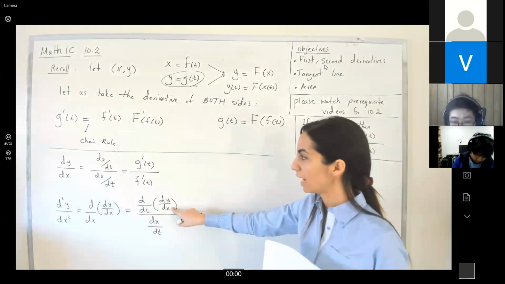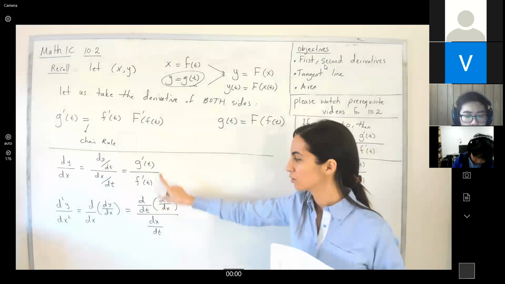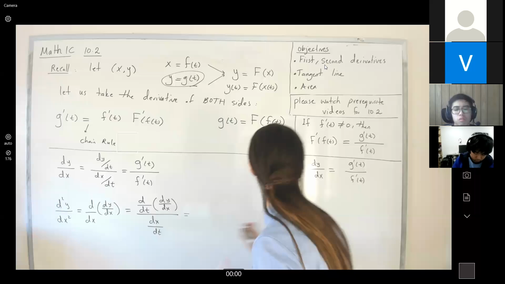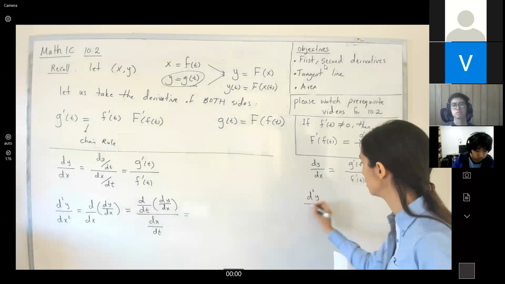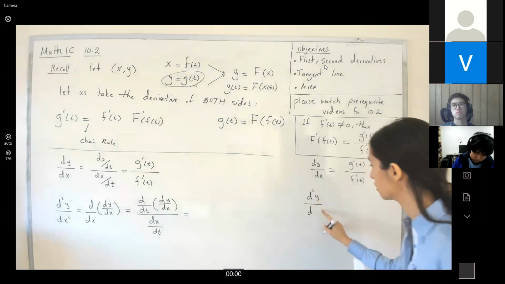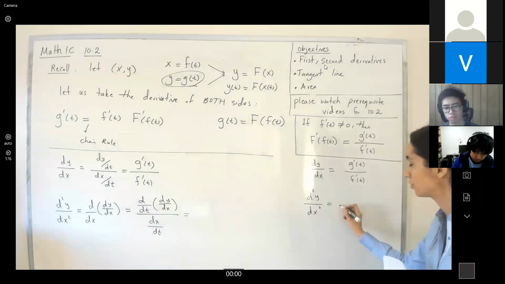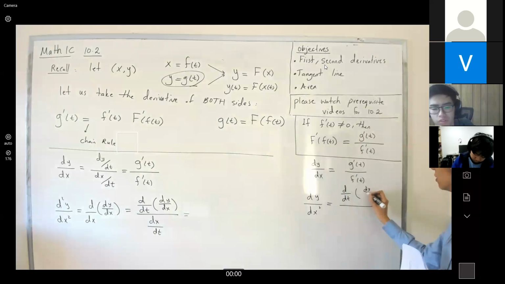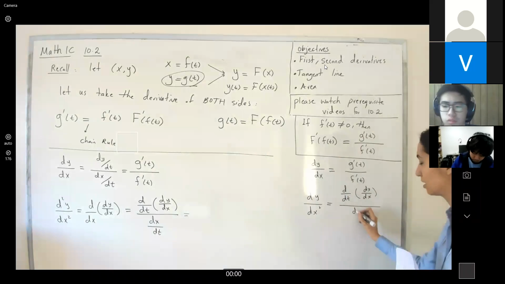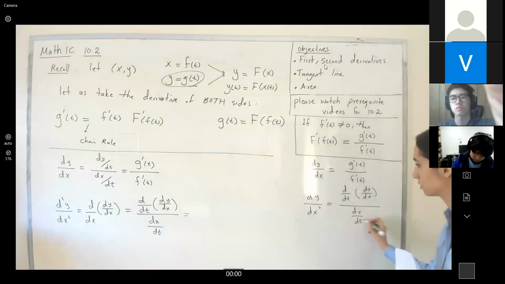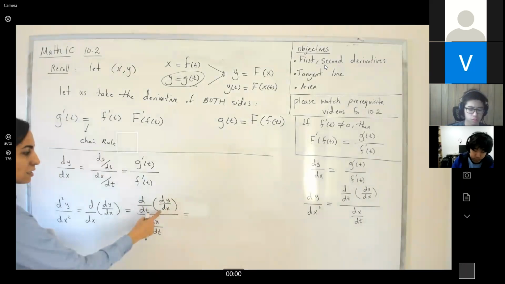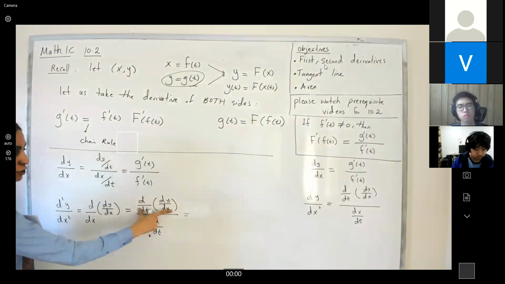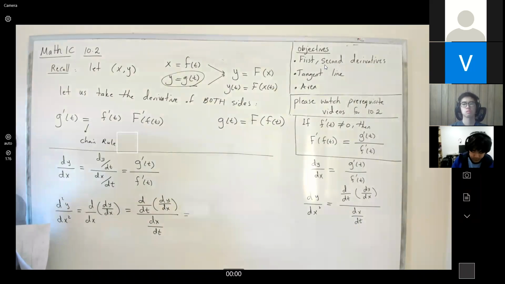So when you have the first derivative, we can plug that in to find the second derivative. Let me write this formula here for you. The second derivative of y with respect to x is equal to d over dt of dy over dx, divided by dx over dt. So what is dy over dx and how do we take the derivative with respect to t? On your numerator, you can use the quotient rule.